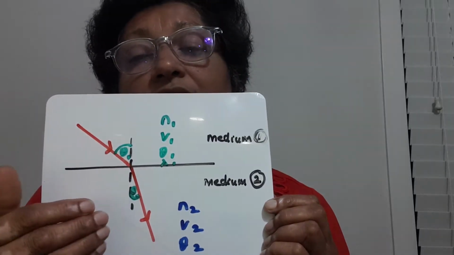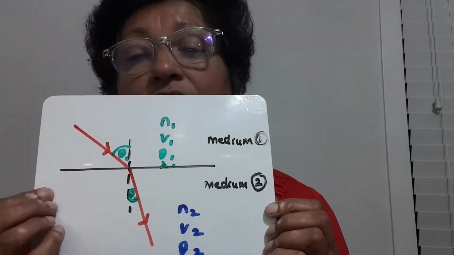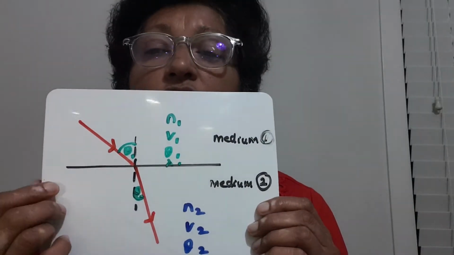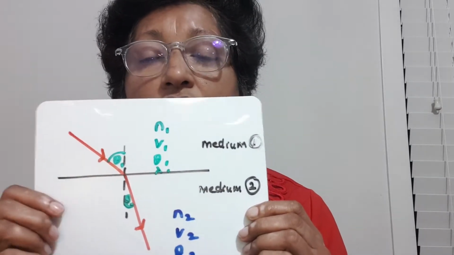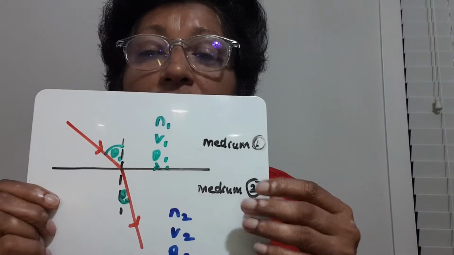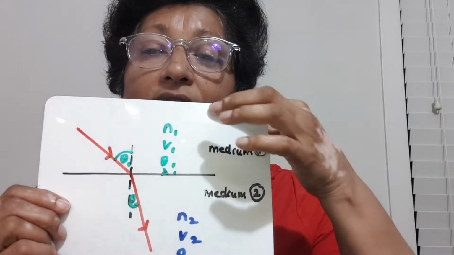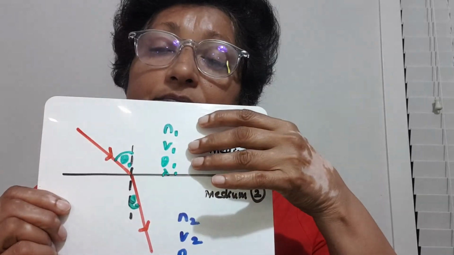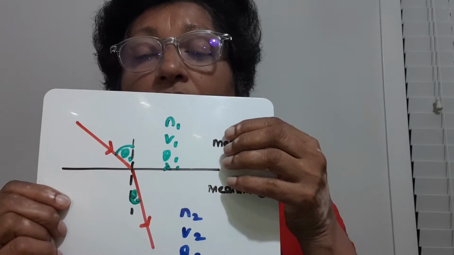And when the speed changes, the wave bends, or it refracts. So you have your angle of incidence and your angle of refraction. Let's say that's your medium 1, that's your medium 2. They have different quantities. So n1 and n2 are the refractive index of each of these media. Could be air and water or whatever.